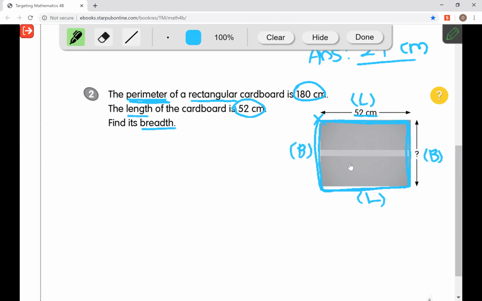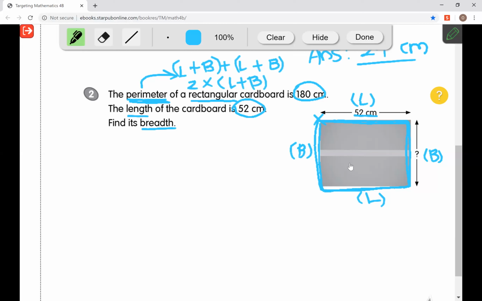So perimeter of a rectangle is L plus B plus L plus B. Or we can group it as, here I have 1 group of L plus B and the other group of L plus B. So I can have 2 groups of L plus B. Okay, so either one is correct, whichever is easier for you.